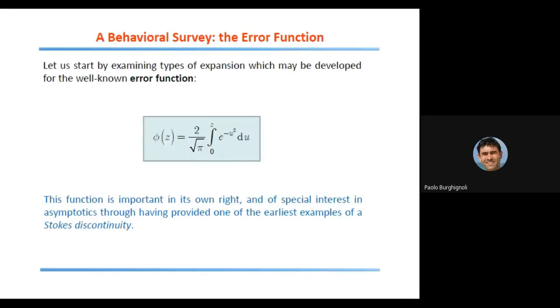To start with, we will examine an example of a special function known as the error function that I'm sure you will be very familiar with because it's used in a number of applications ranging from probability to signal processing, etc. The definition of this special function is given in terms of this integral, in which you can see, apart from the numerical factor 2 over the square root of pi outside the integration sign, an integral, generally in the complex plane, from the origin to a general complex value z, of the exponential e to the minus u squared, where u is the integration variable.